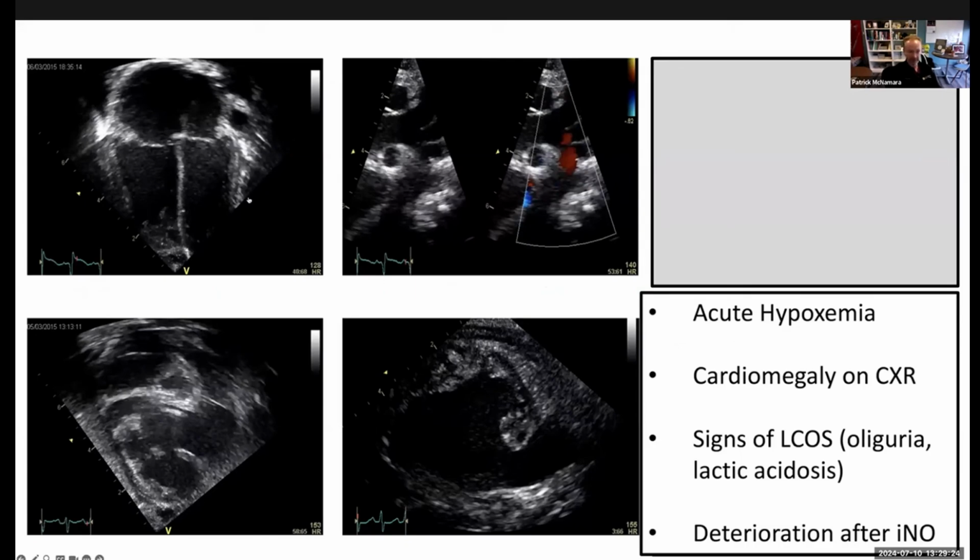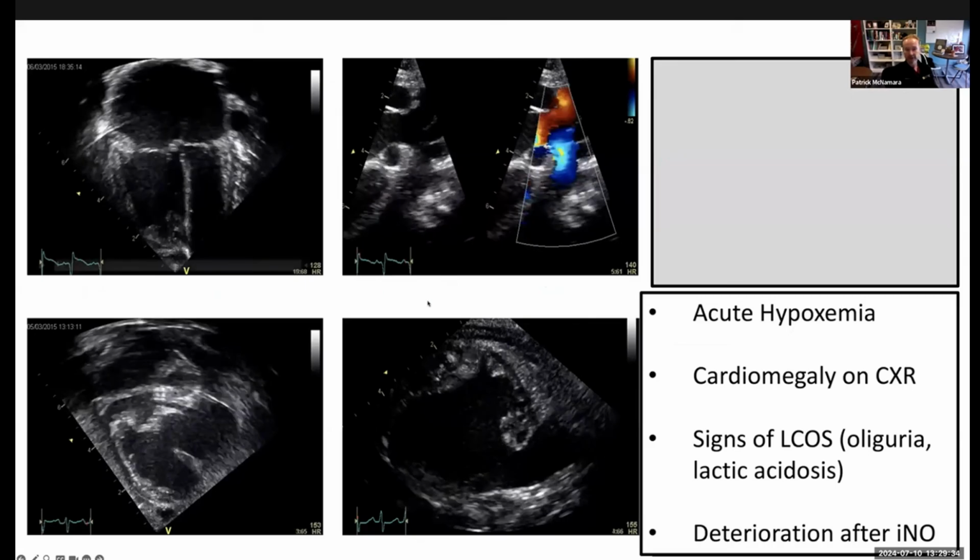And this is a nice case. I don't know why the image is not working. It demonstrates the case of an infant who was acutely hypoxic, had an echo at another institution, which demonstrated that the infant had suprasystemic pulmonary hypertension. The baby was given nitric oxide and got sicker, developed severe lactic acidosis.